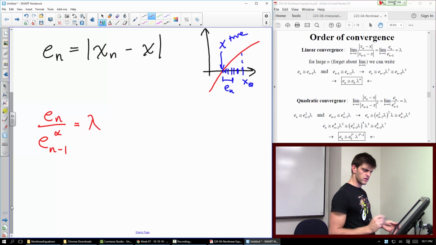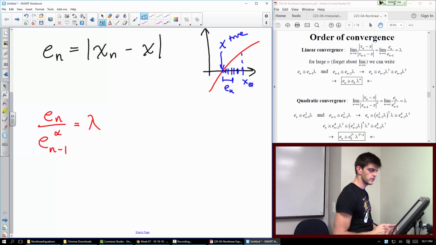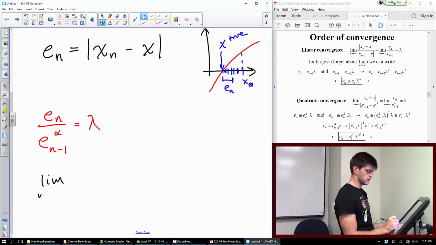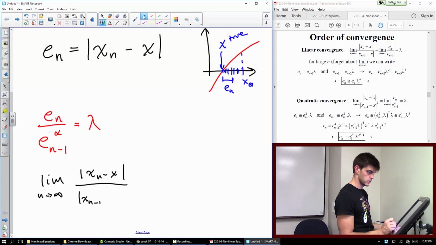Here on this slide we have an example of linear convergence. We have the limit as n goes to infinity. I guess this is more of a proof. X sub n minus x, which is e sub n, over x sub n minus 1 minus x, which is the error at the previous step.